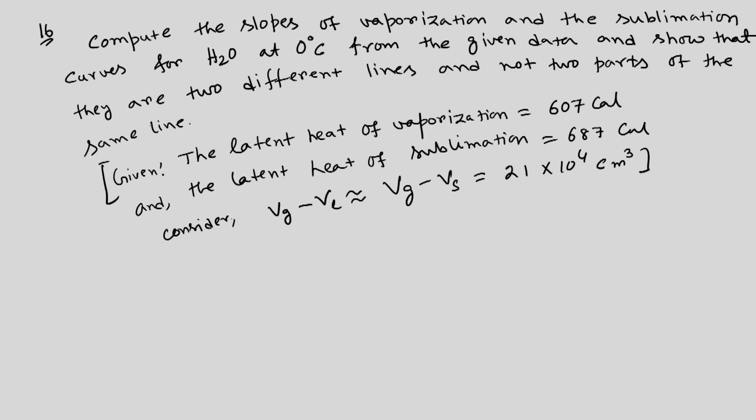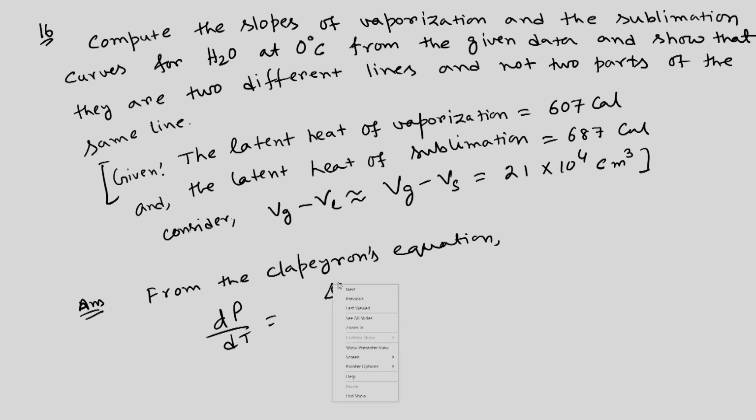Now, the solution. From the Clapeyron equation we know dP by dT equals delta H by T times V final minus V initial.